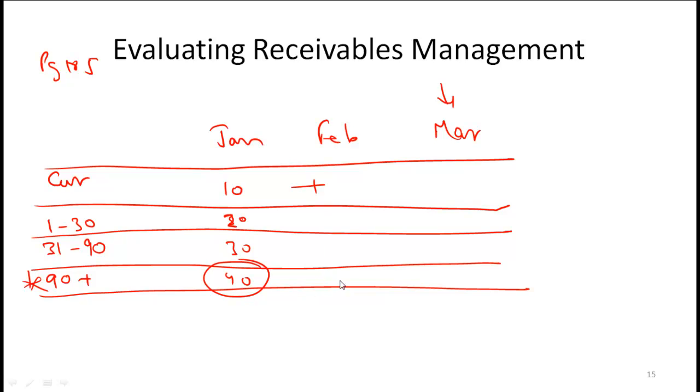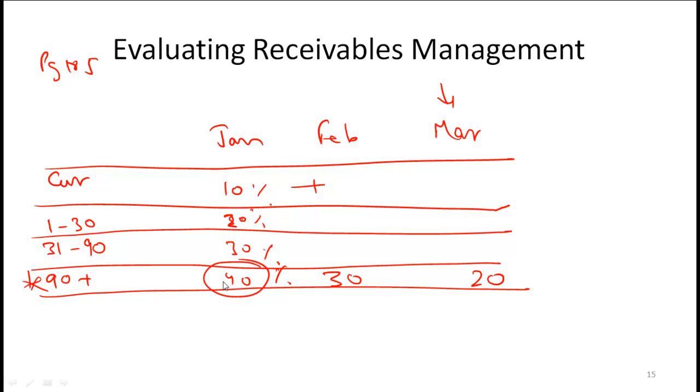So let's say over time this is coming down to 30, this is coming down to 20. So this is saying that our situation is actually improving. And remember, all these are percentages, so all these will have to add up to 100. So this is one sort of analysis where you look at the receivables in each bucket as a percentage of the total receivables.